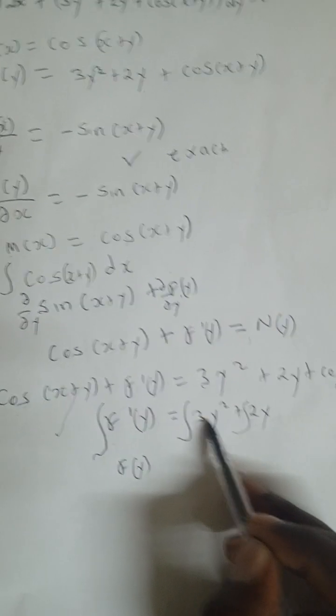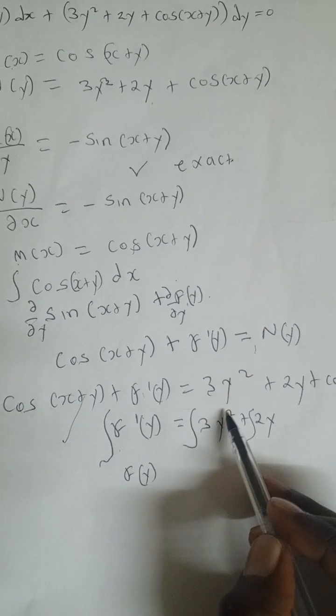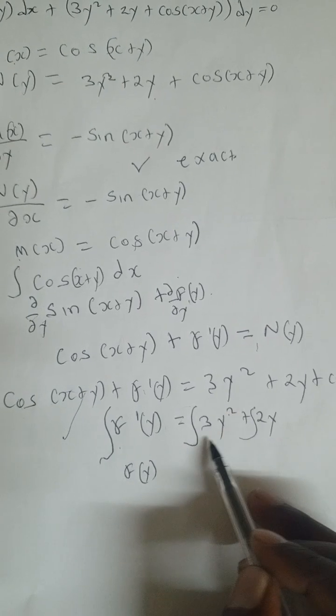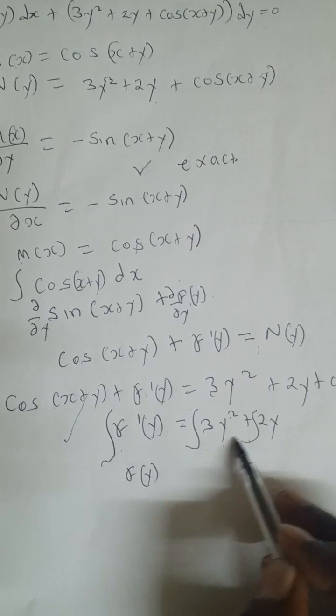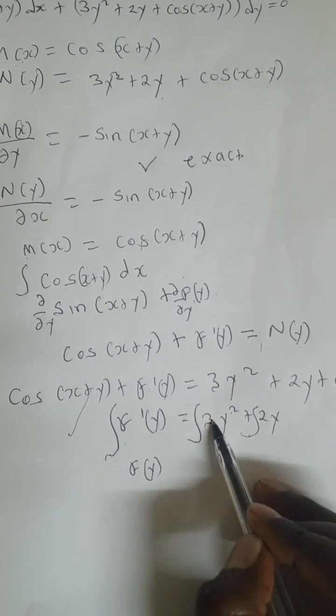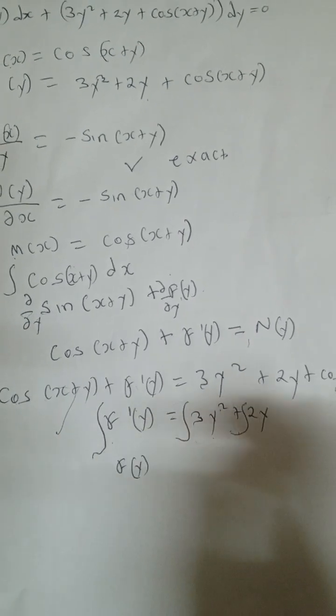When you integrate 3y squared, it is 2 plus 1 divided by 2 plus 1, which is 3. So the 3 at the bottom will cancel with this 3. So we are going to have just y cubed.